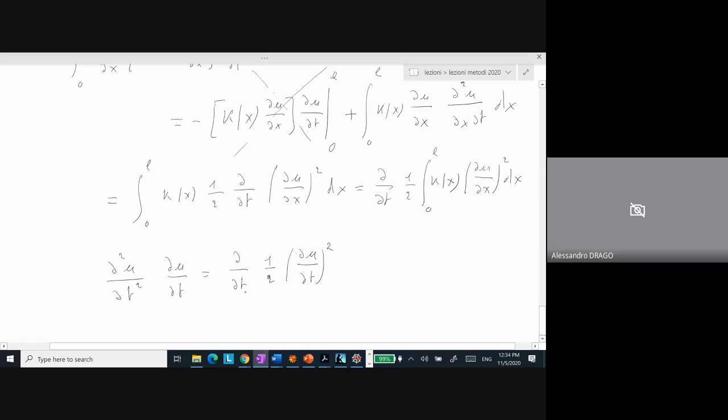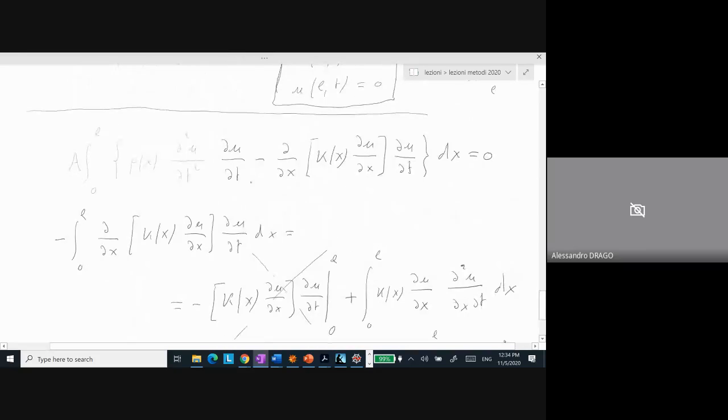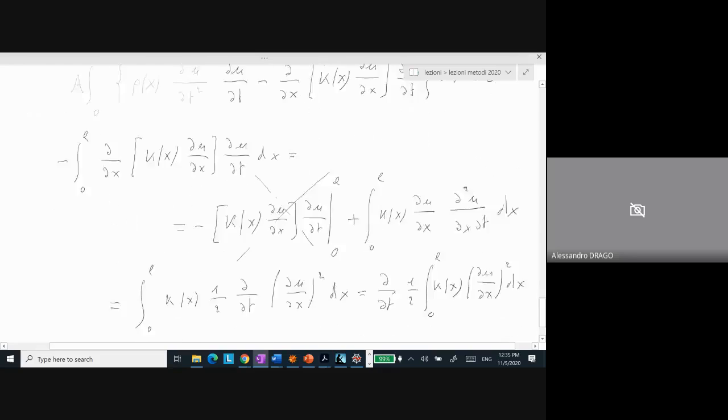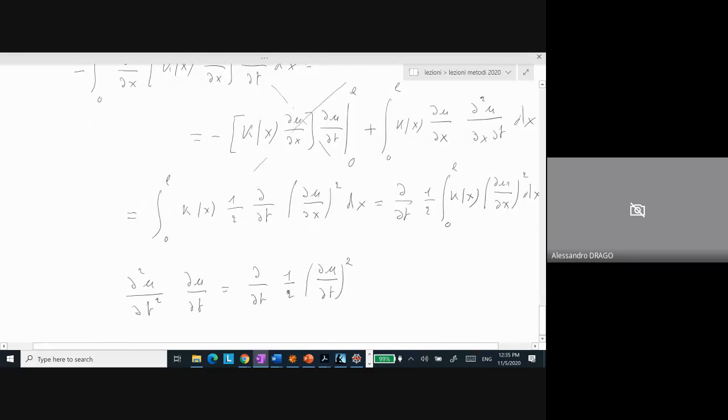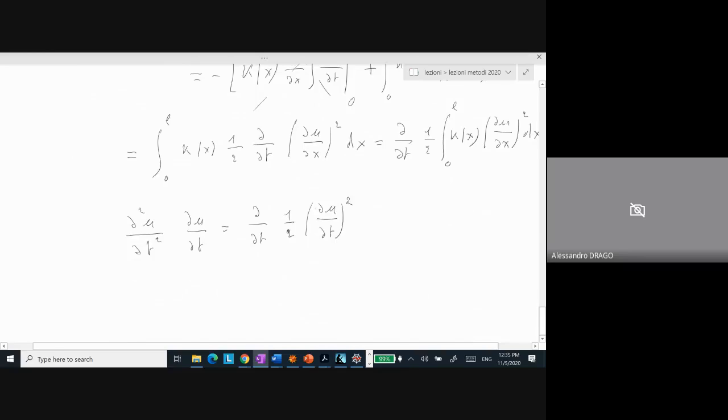Because if I take the derivative, okay, the 1/2 and the 2 cancel, I get a du over dt, and then a second derivative of u respect to time. So also the first term, this term here, can be written as a derivative respect to time of an integral containing this part. So altogether, that equation can be written as a derivative respect to time of what?